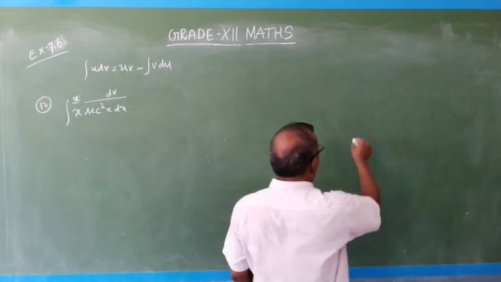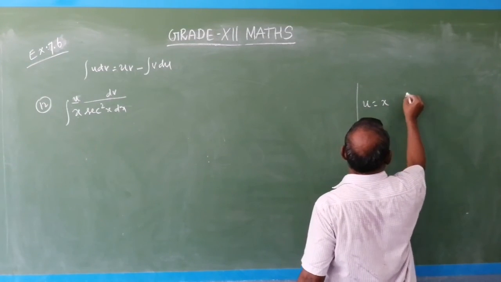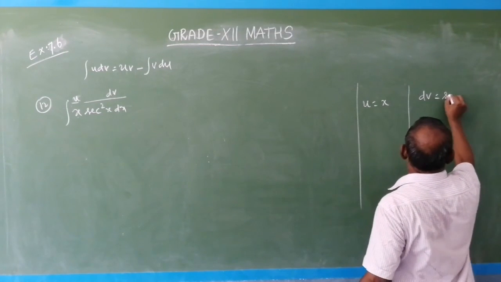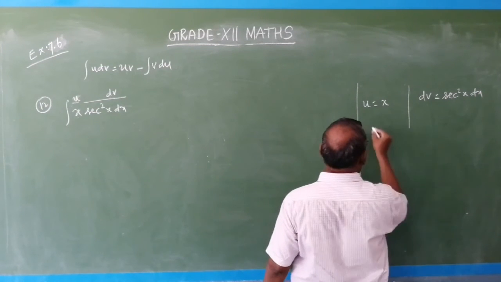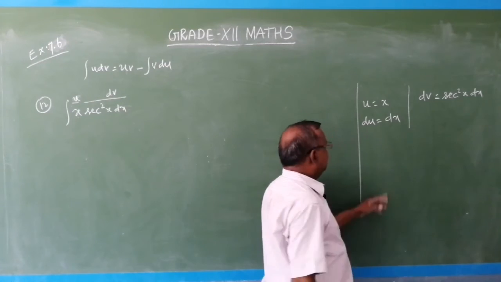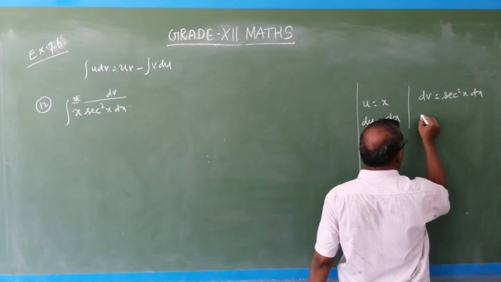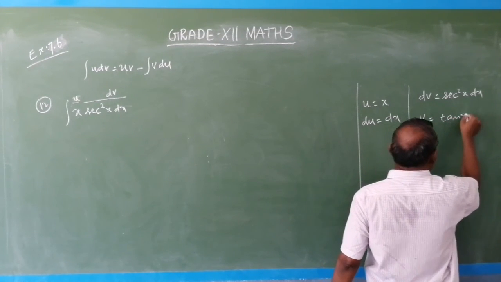Now, u equal to x and dv equal to secant square x dx. Differentiating, we have du by dx equal to 1 or du equal to dx. Integrating this value, integral dv equal to v, integral secant square x dx equal to tan x.